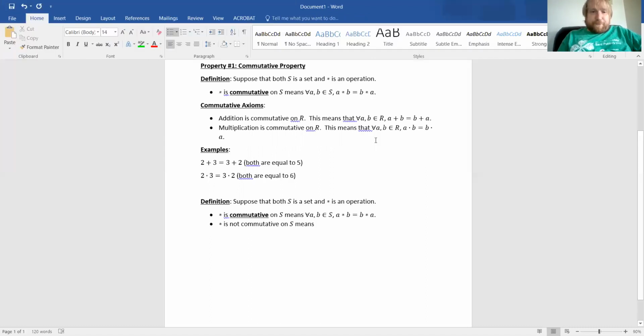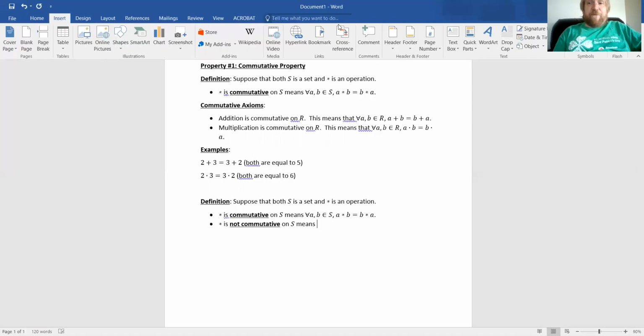Now, the trick in this definition is we have to negate the definition of commutative. So we need to negate the quantified sentence: for every A, B that are members of S, A star B equals B star A. So we need to remember our rules from foundations for the negation. When you negate a for all statement, the quantifier becomes there exists.